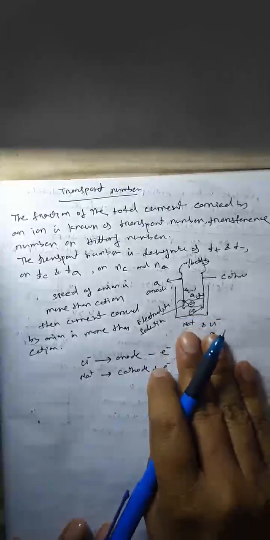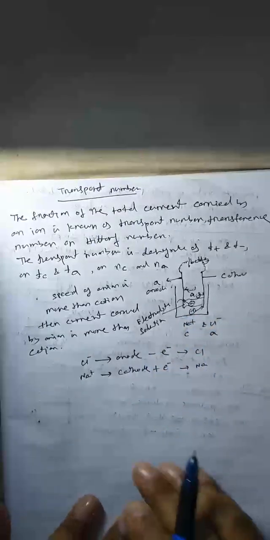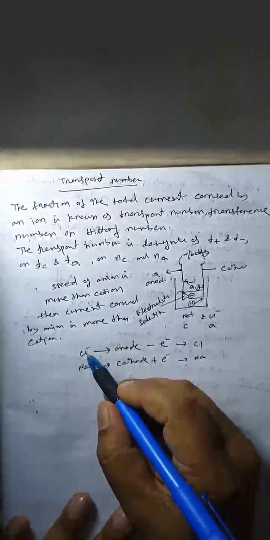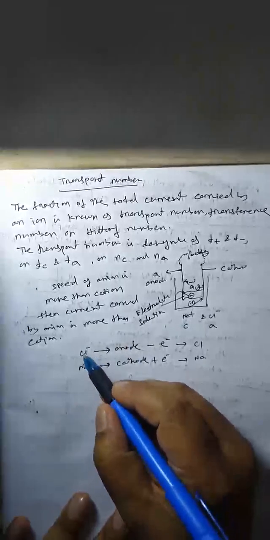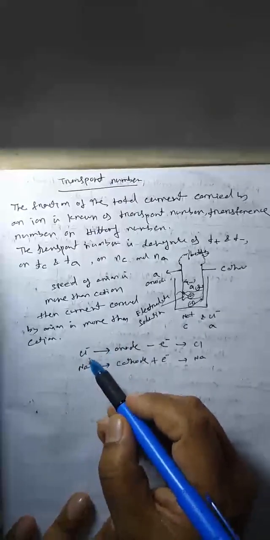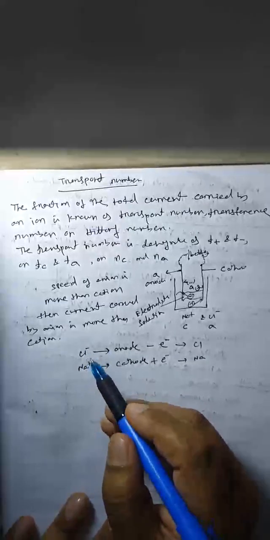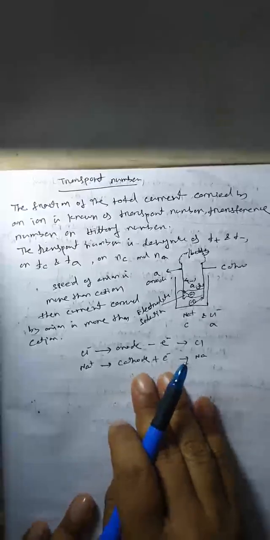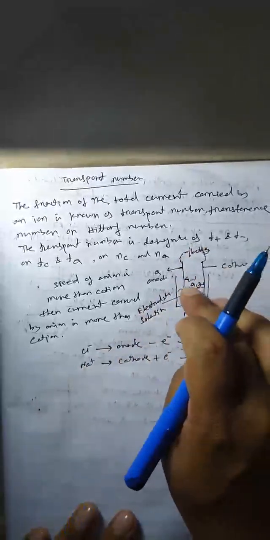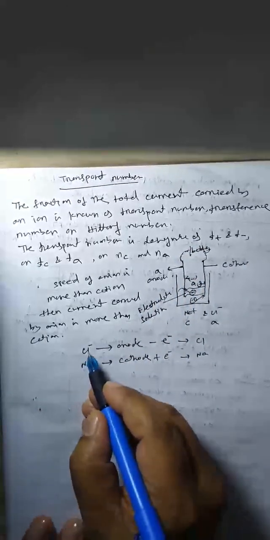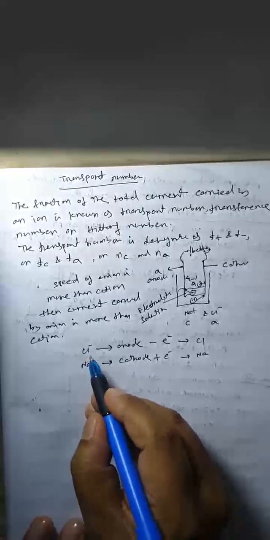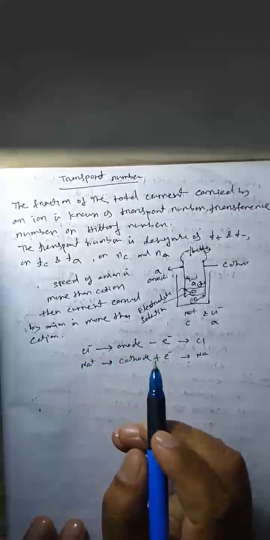In this case, the valency of chlorine and sodium is the same: chlorine valency is 1, sodium valency is 1. So when the electric current flows, the anion moves towards the anode and the cation moves towards the cathode. The current carried by the anion per second is called the transport number of the anion.